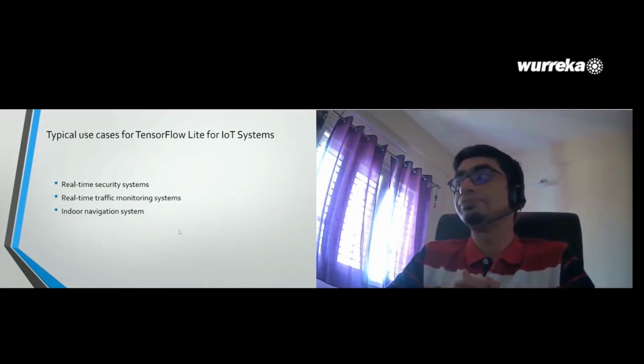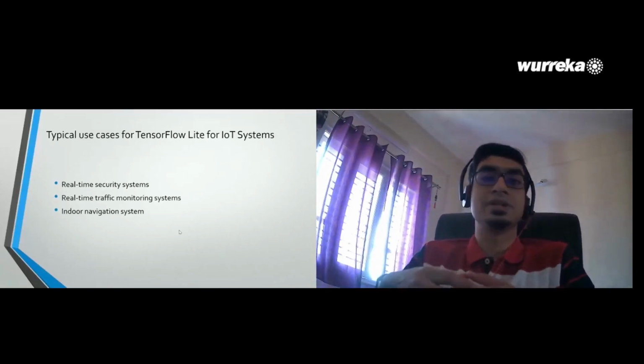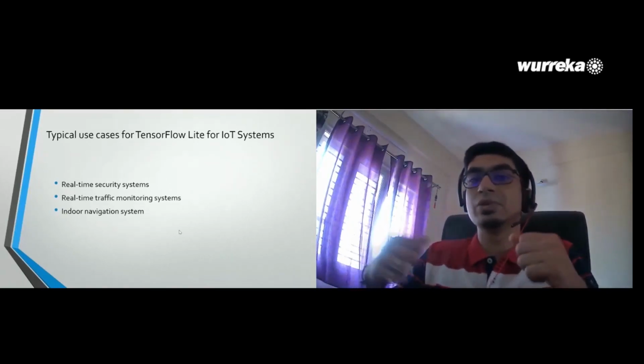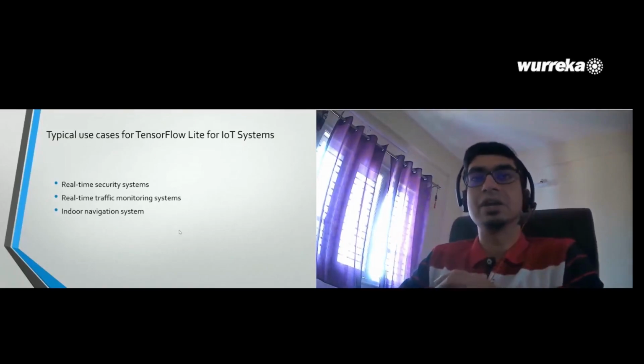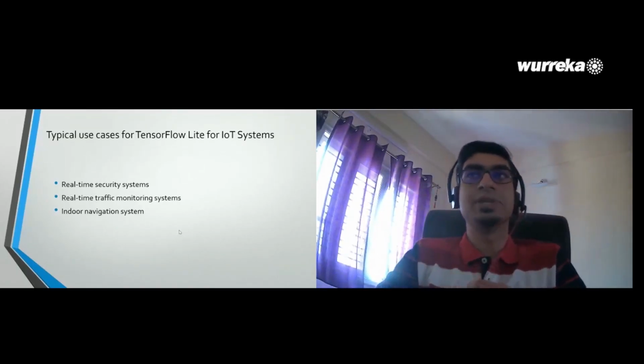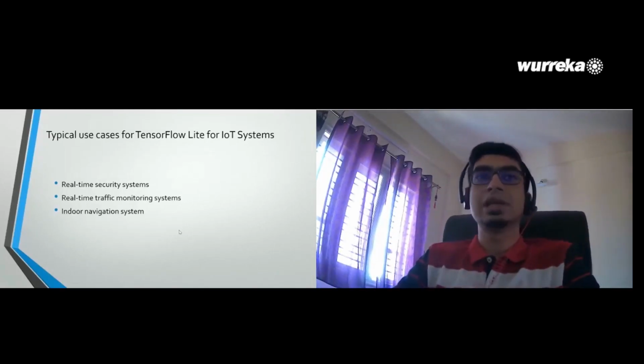Or let's say if we want to deploy a system which can check whether a person is wearing a helmet while riding a motorbike, or wearing a seat belt while driving a car, these kinds of real-time monitoring use cases can very well be done using TensorFlow Lite on any IoT system or any edge devices.